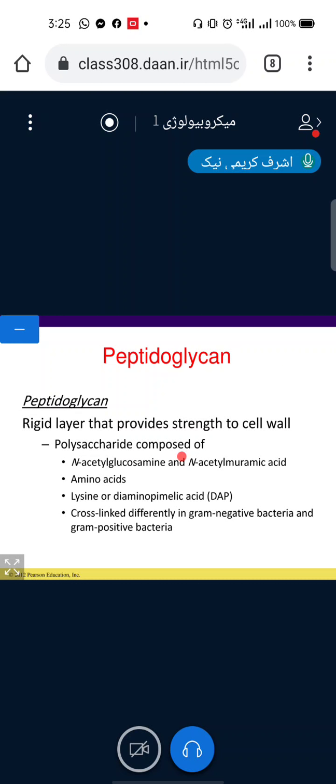It is a polysaccharide composed of N-acetylglucosamine, N-acetylmuramic acid, and amino acids related to N-acetylmuramic acid, lysine or D-aminopimelic acid, and it cross-links differently in gram-negative and gram-positive bacteria.